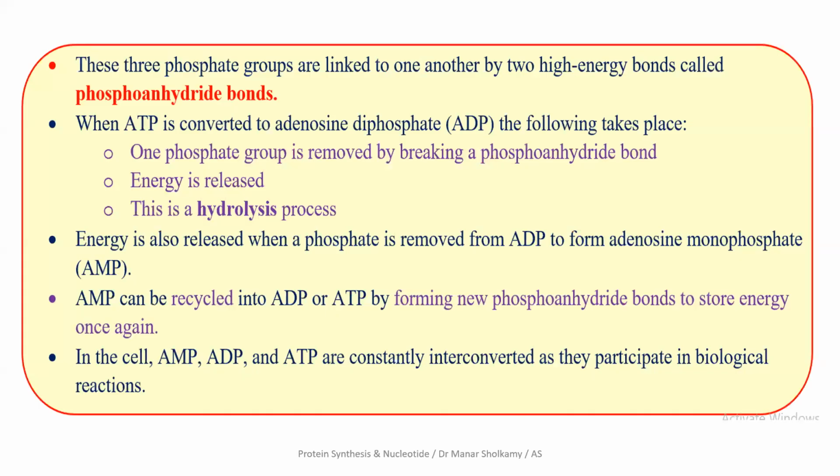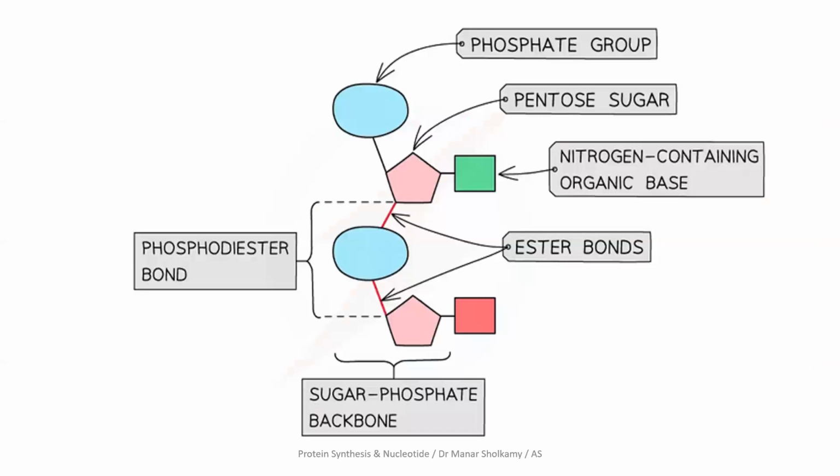All this, we're talking about the structure of the nucleotide, structure of the DNA and the RNA nucleotide and the ATP. Good? Now, the name of the bond, if you want to know its name, I never saw a question asking you about the name, but it is the phosphoanhydride bonds, and any bond is broken by a hydrolysis reaction. Most bonds are made by condensation reactions. Good, we said all that.